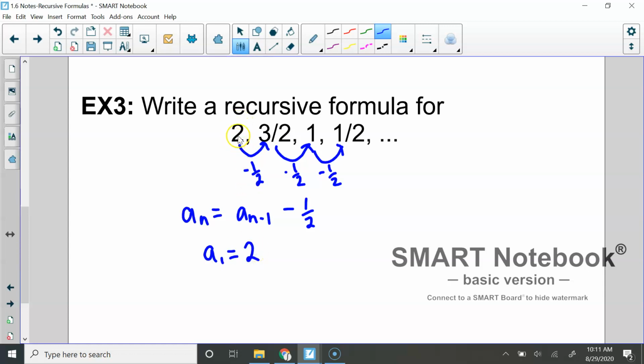They usually call this a sub 1 right here. Sometimes maybe they'll call it a sub 0. It really just depends on who's writing the problem. A lot of times when they're asked for a recursive formula here, they won't ask for the a sub 1 or a sub 0. They just want this formula right here.